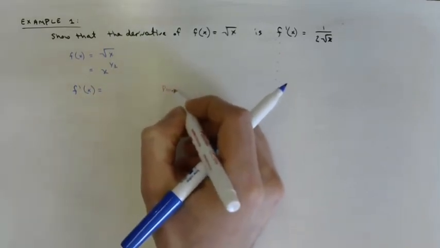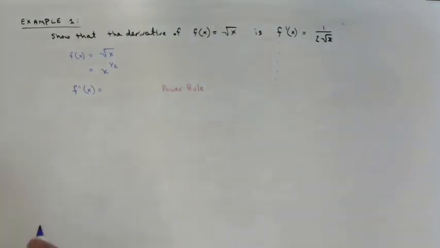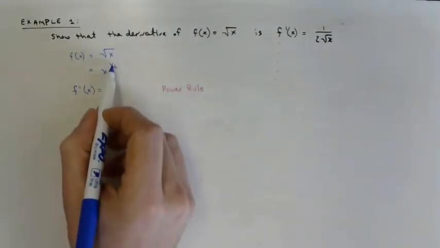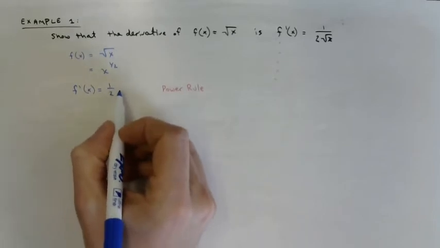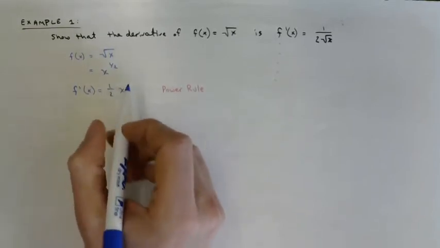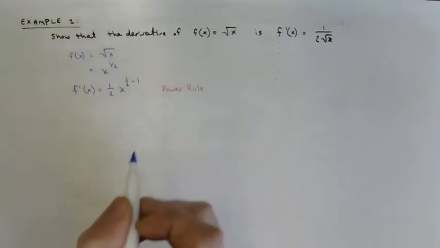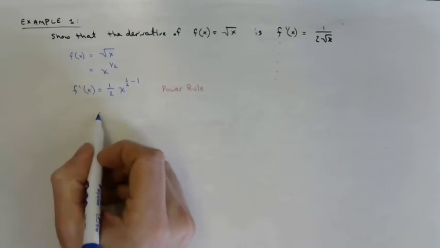So by the power rule, we can take that exponent, move it out front, and the power is going to go down by 1.